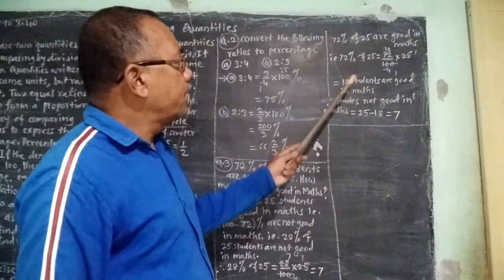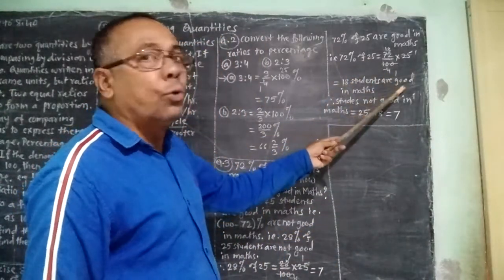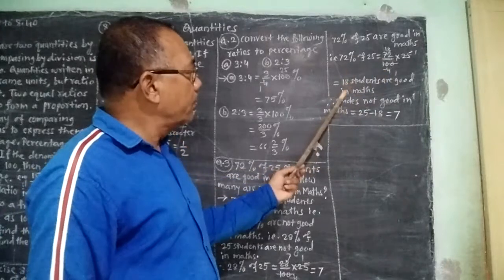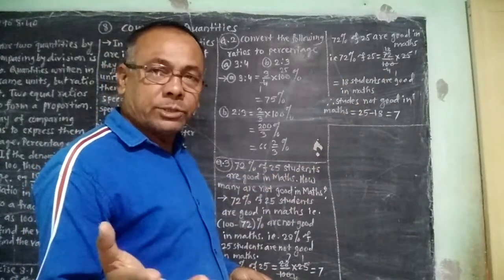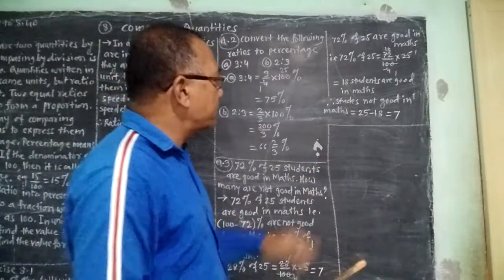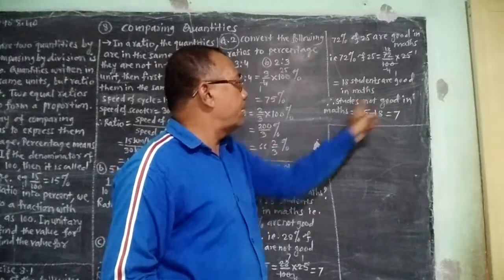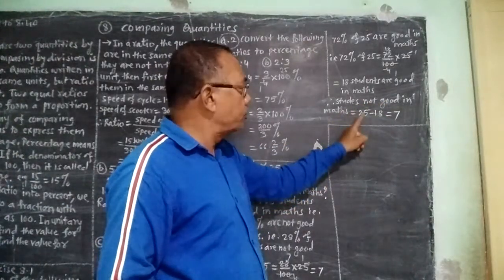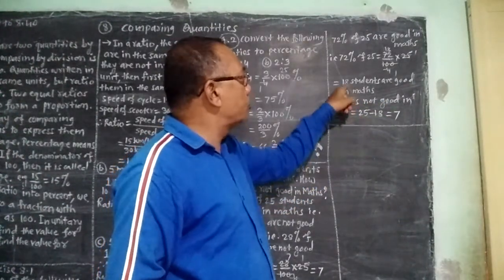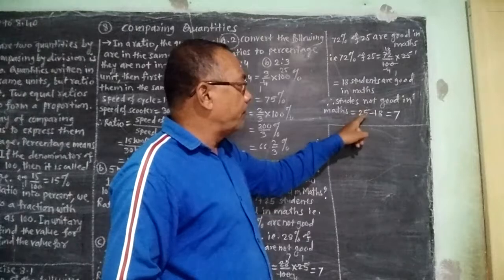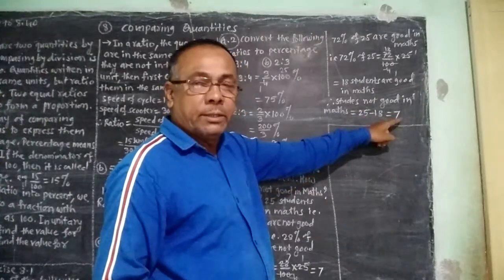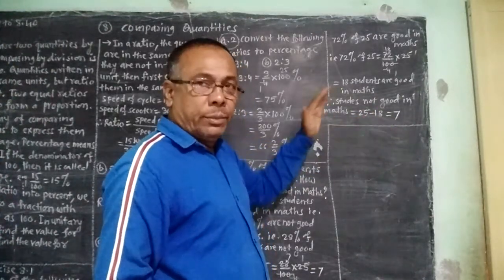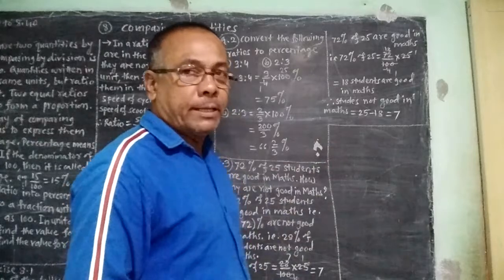So we get 18 students good in maths. Now total students are 25. So students not good in mathematics is equal to total students 25 minus good students 18. So 25 minus 18 is equal to 7. So 7 students are not good in mathematics.